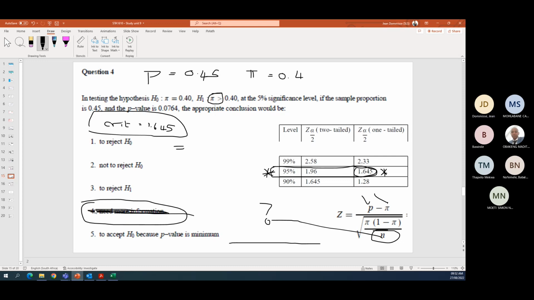In your exams, it will never be that you need more information, because there will be something else that's hidden in the question. They give us the p-value. So they tell us that the p-value is 0.0764.